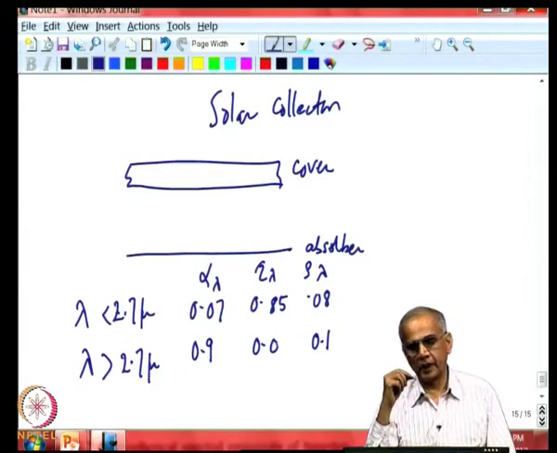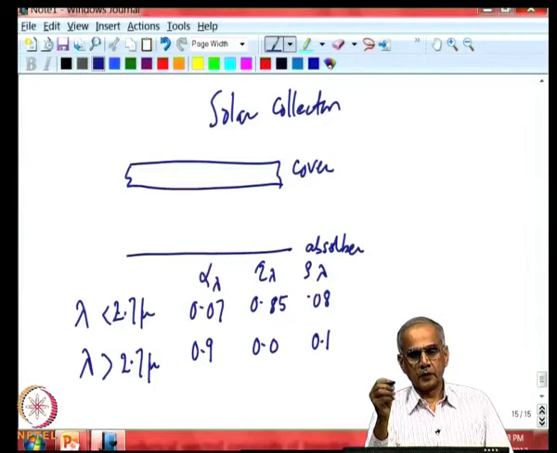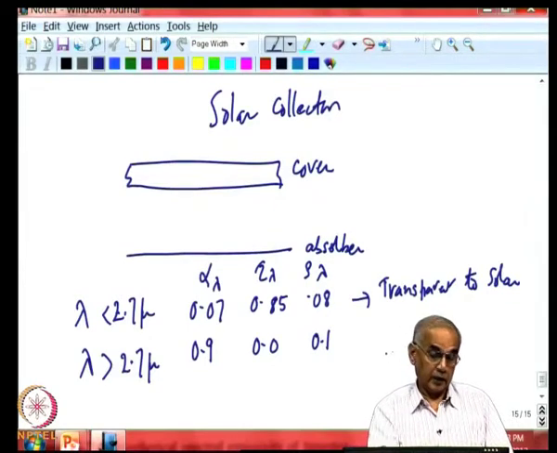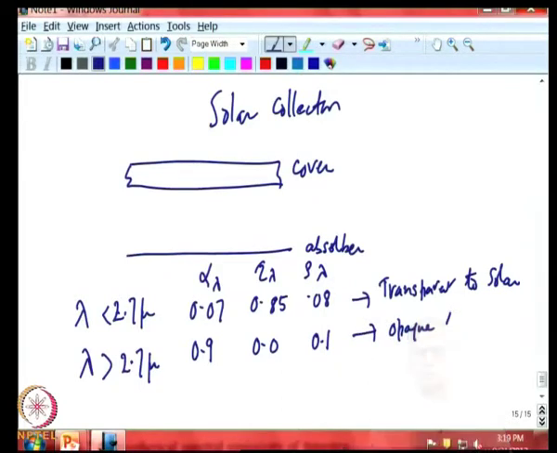So, this property of glass is what we try to exploit in a solar collector. It is transparent to solar radiation, transmits almost 85% or can even be more, while it is opaque to radiation from the absorber.